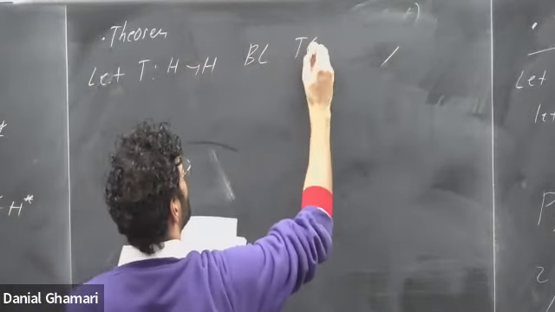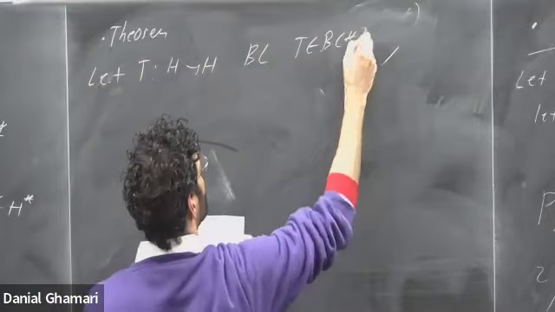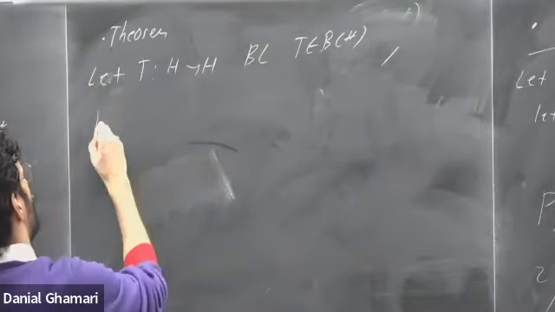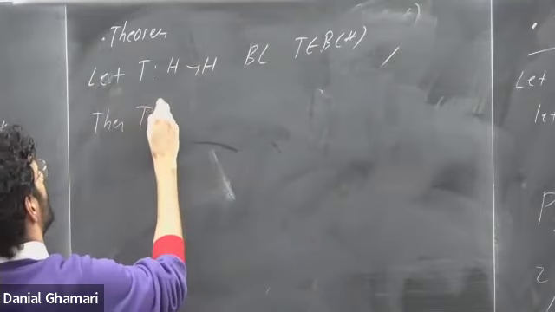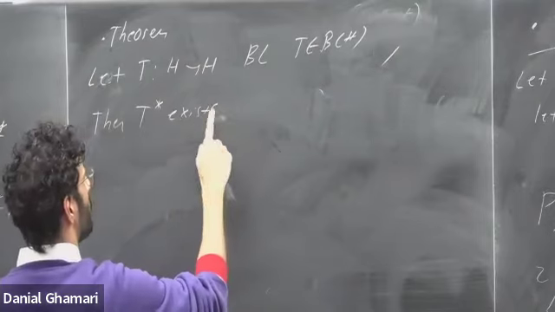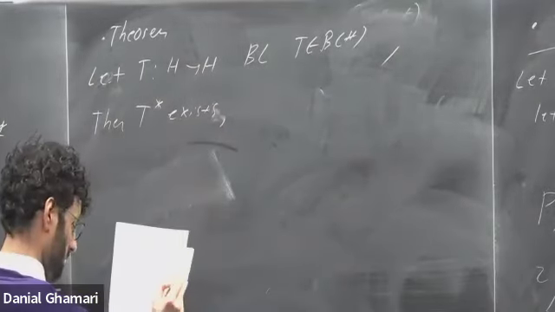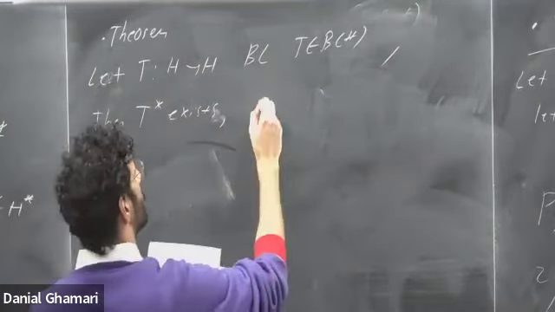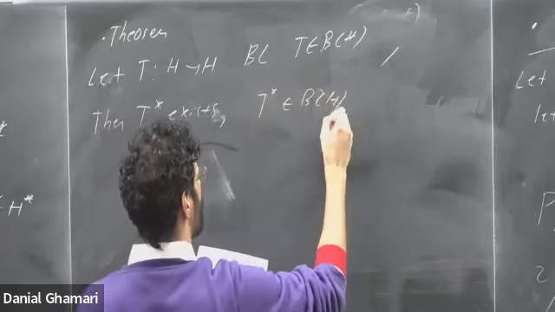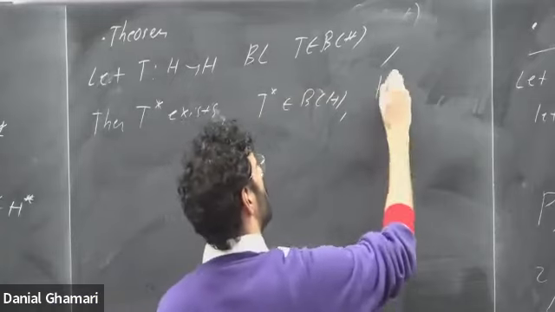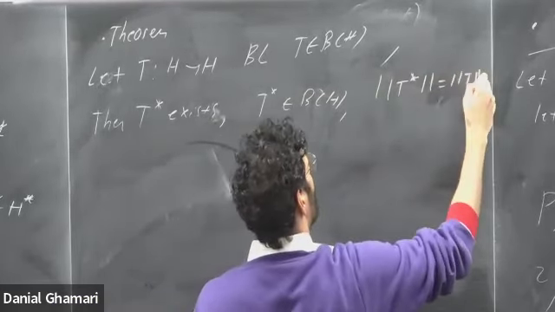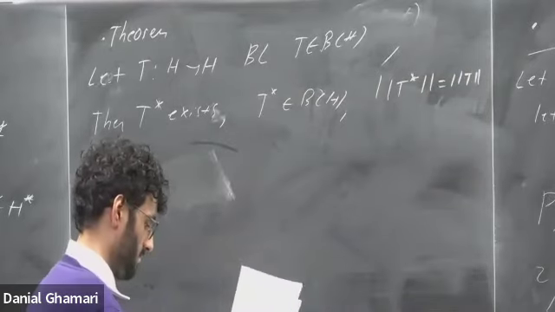So basically, T is an element of B of H. And then what we have is that T star exists, T star is an element of B of H, it's bounded linear as well, and the operator norm of T star is equal to the operator norm of T.